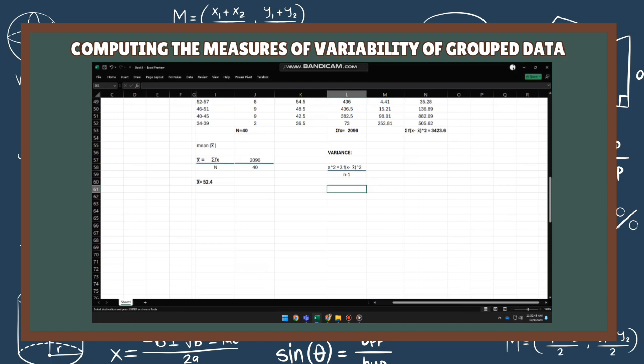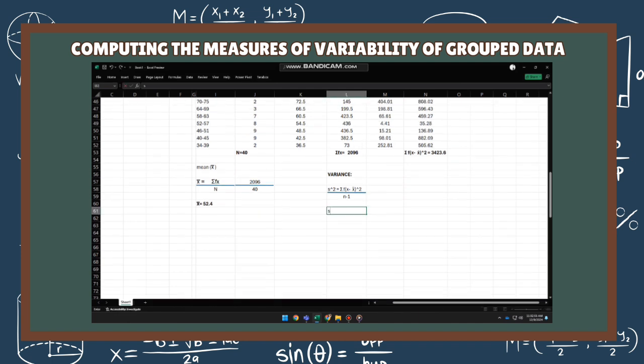So, meron na tayo nung total, nung summation ng f times x minus mean squared. So, lagay natin siya. We have 3423.6 divided by 40 minus 1.